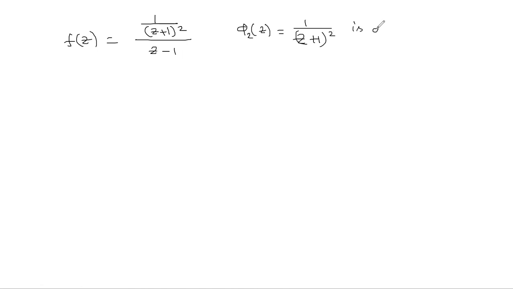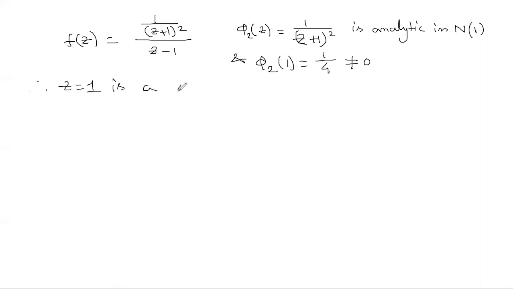Next, if I write f(z) as [1 by (z + 1)^2] divided by (z - 1), where our phi(z), say phi_2(z), is equal to 1 by (z + 1)^2, which is analytic in the neighborhood of 1, and phi_2(1) is equal to 1 by 4, which is not equal to 0. So here we can see z equal to 1 is a simple pole.